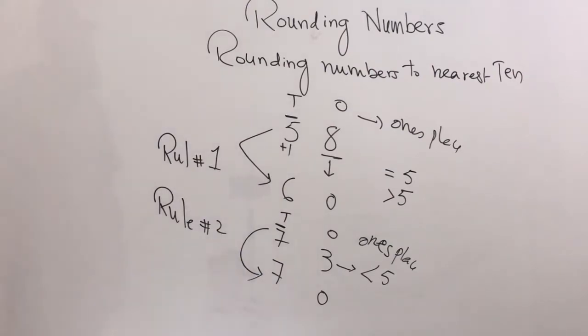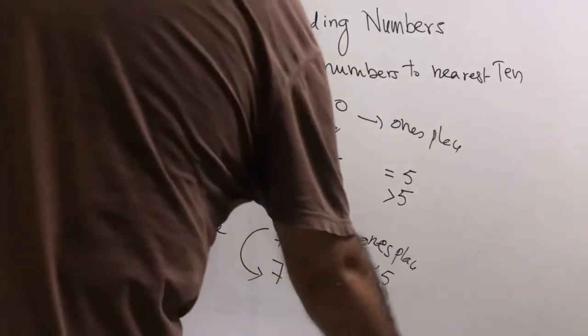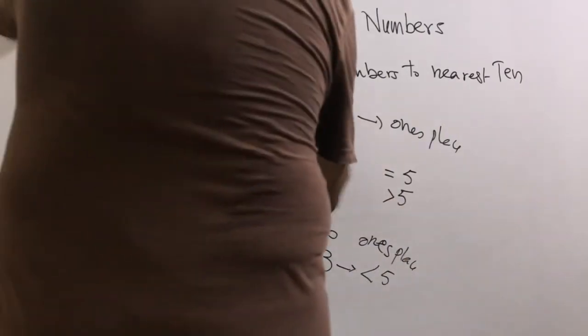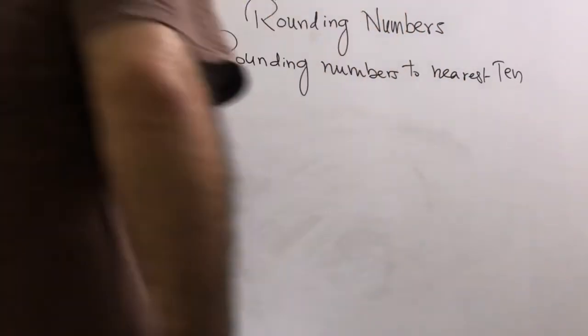So 73 became 70 after rounding. Now we will be applying these two rules and we will move ahead with the questions given in the book.